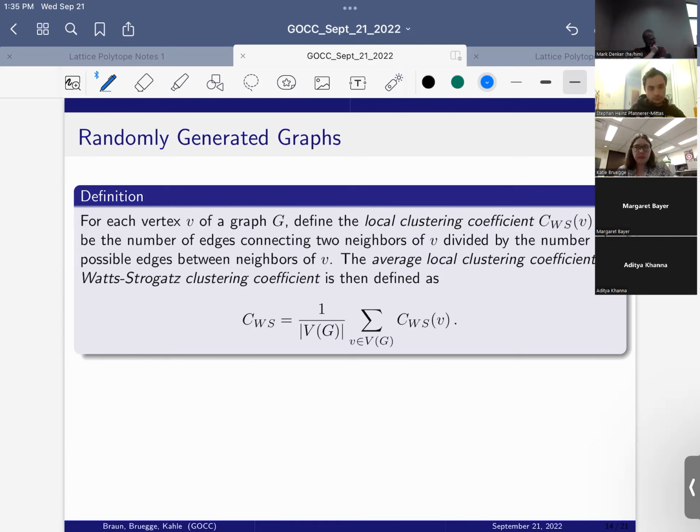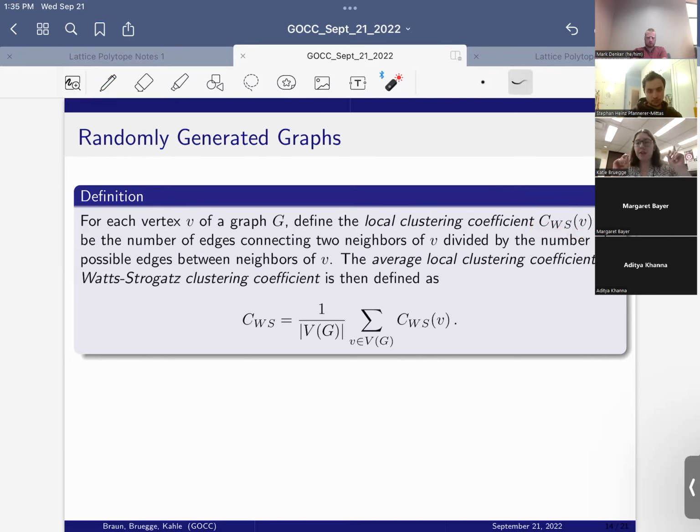A property of graphs that is important to some people in network science who are studying social networks is this idea of clustering coefficients. For every vertex of a graph, we can define the local clustering coefficient of that vertex to basically be a measure of: if I'm a vertex and I have two neighbors, are those neighbors also neighbors of each other?